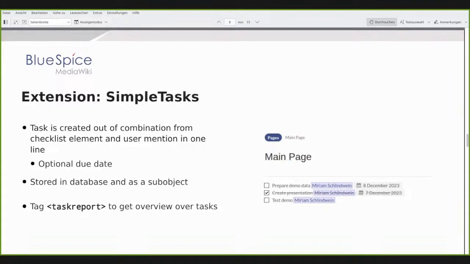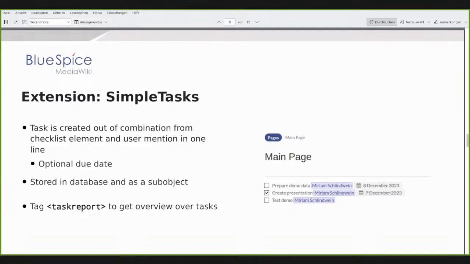So the extension SimpleTasks now needs those 3 extensions. Maybe as a side note, the 3 mentioned extensions can be used standalone. So you can also use AtMentions without using SimpleTasks. But if you want to use SimpleTasks, you will need all 3 extensions because they combine then as a task.